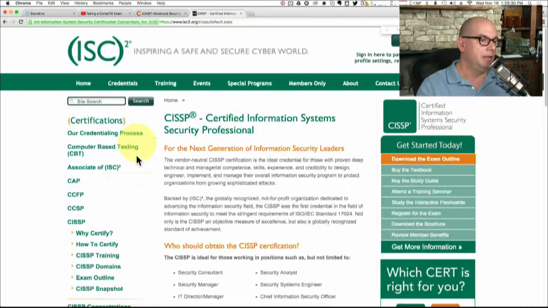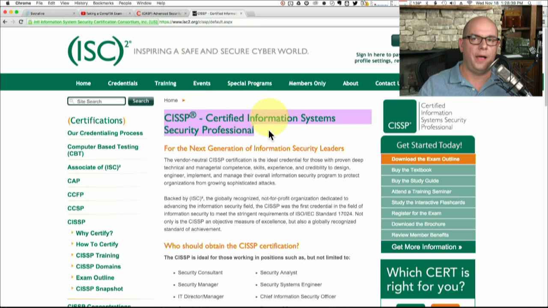That is one that you can get through ISC Squared. So if we look at, I think I have ISC Squared's website right here. ISC Squared offers a number of certification exams, but CISSP is perhaps one of the most popular, but it also has a very large set of prerequisites that you need to have to be able to take it.